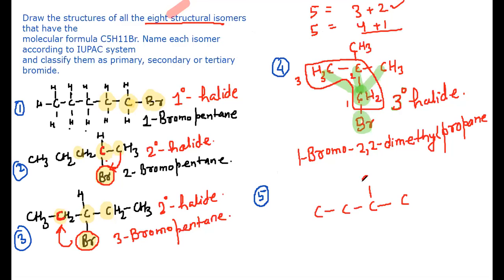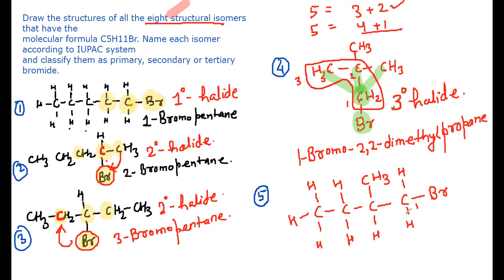Here I can give one methyl group, and here I can give one bromine, with hydrogens on the rest.